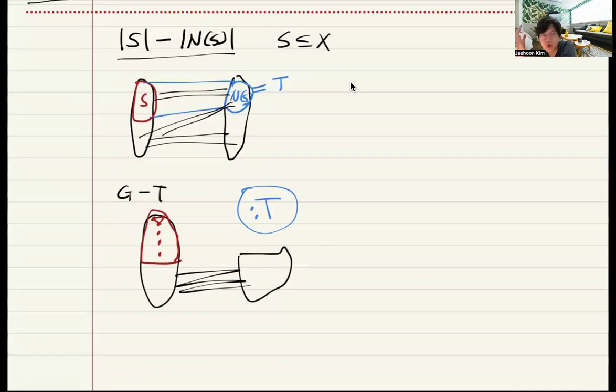The crucial reason why we couldn't get a perfect matching was not just that these were isolated vertices, but that they were odd components. If you want to cover everything, then one has to be matched with T and one has to be matched with T. Then something is left out.